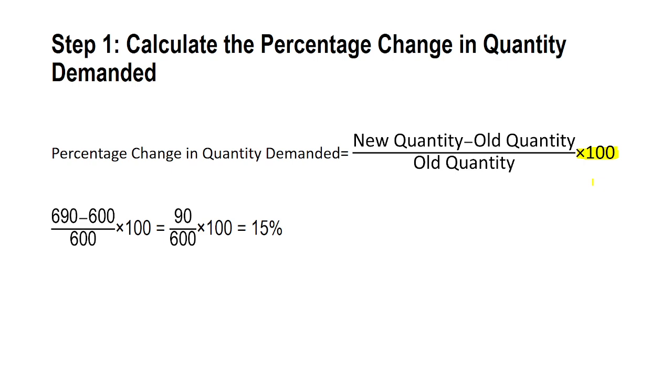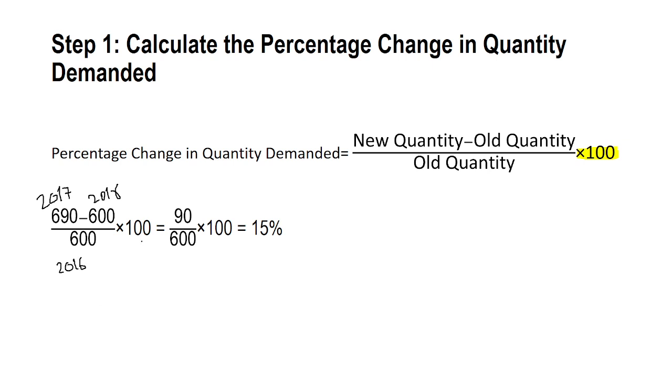So the new quantity is 690, for 2017. New quantity minus old quantity, and in this case the original or old quantity belongs to 2016, divided by the old quantity, which also belongs to 2016.